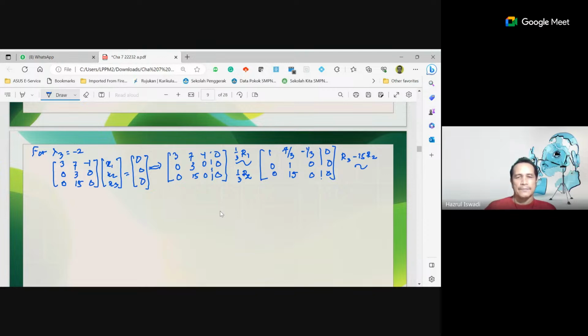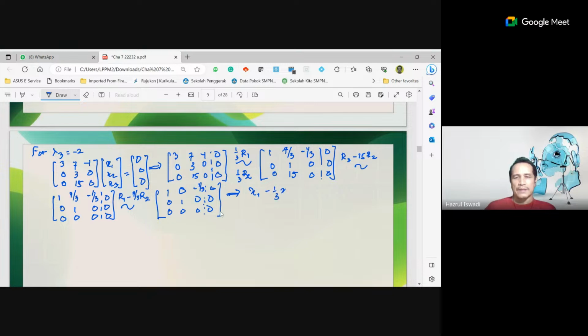Okay, stop, because we have already reduced the row echelon matrix. And then we go back to the system. So we have x1 minus 1 over 3 x3 is equal to 0. And from the second, we have x2 is equal to 0.